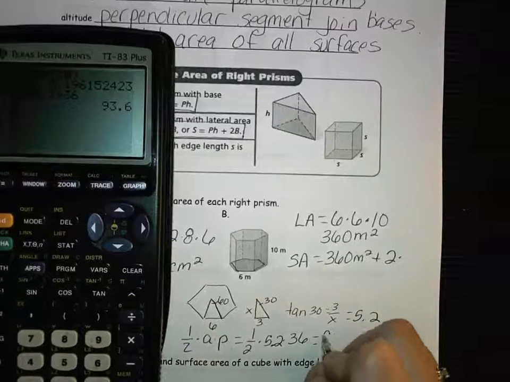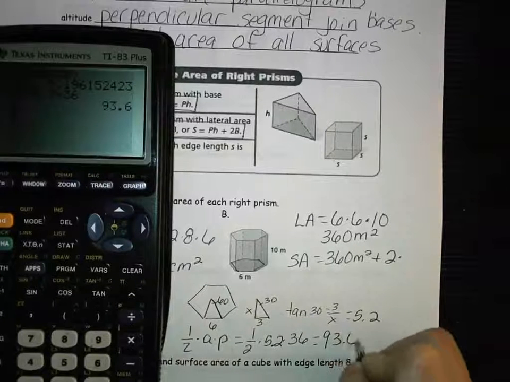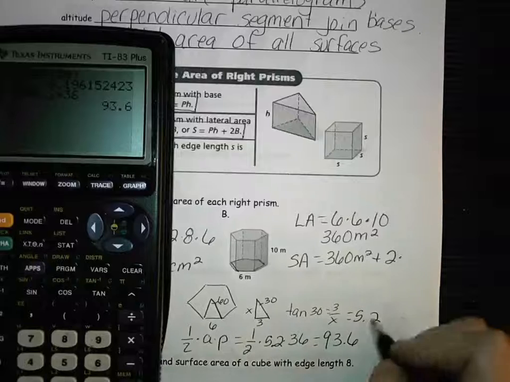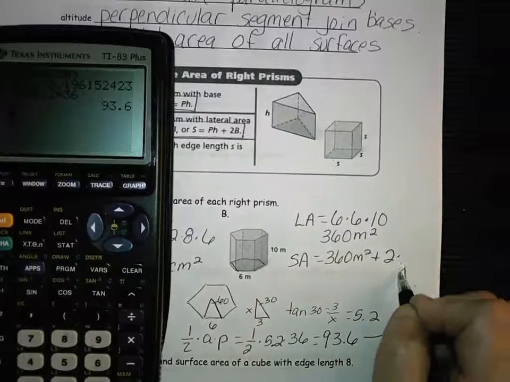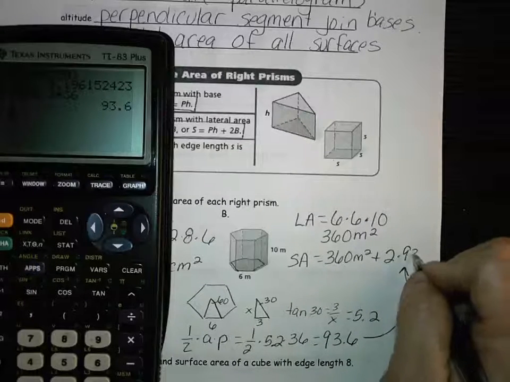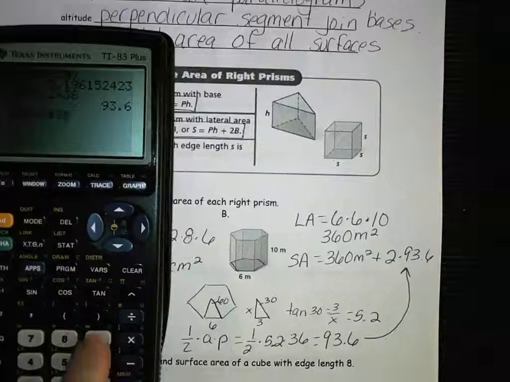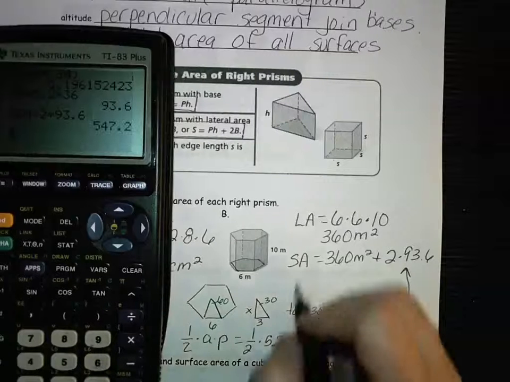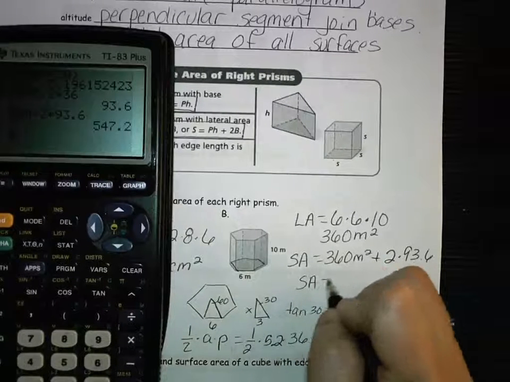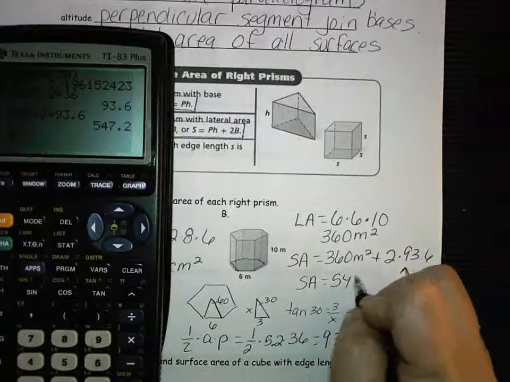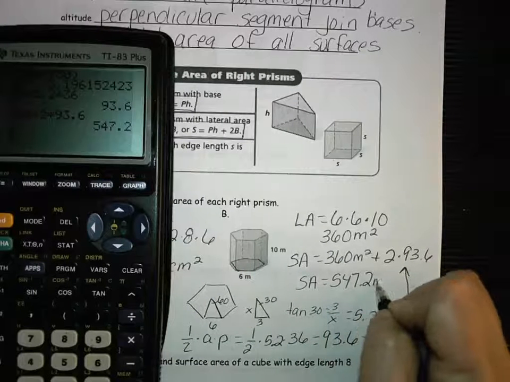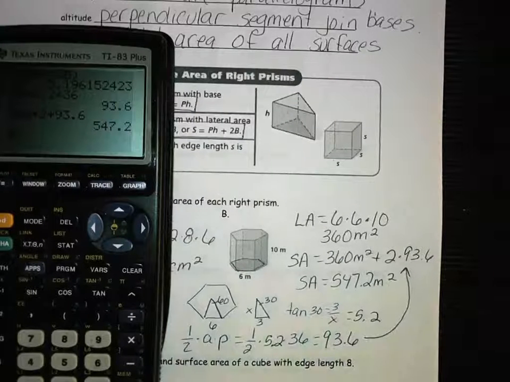The area of the base is 93.6. And then we have 2 of those bases that we put into this formula. So we have 360 plus 2 times 93.6, and our total surface area is 547.2 meters squared.